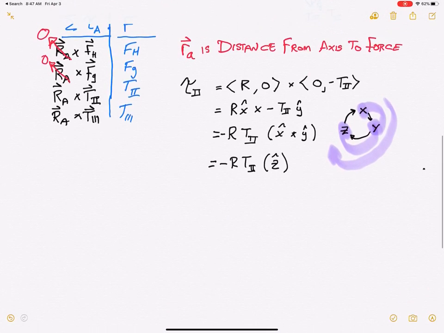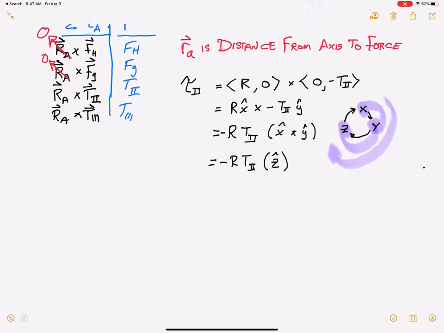Okay. So in a similar logic, let's do the torque around object 3. And that's just going to be R cross T3.